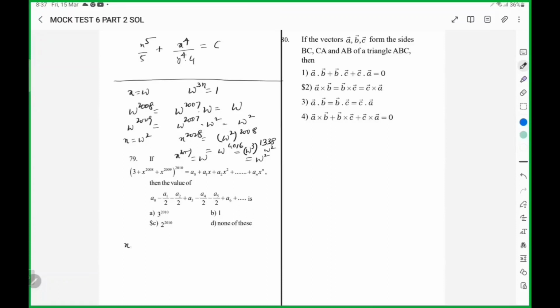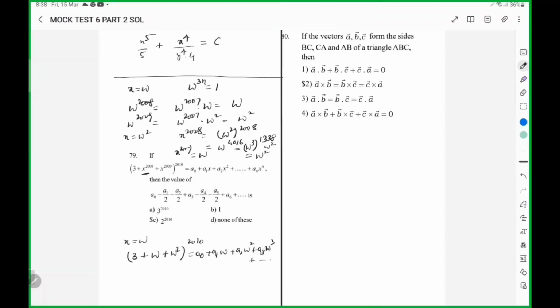Now let us substitute x as omega. Omega power 2008, which is omega, omega square whole power 2010. A naught plus A1 omega plus A2 omega square plus A3 omega cube and so on.